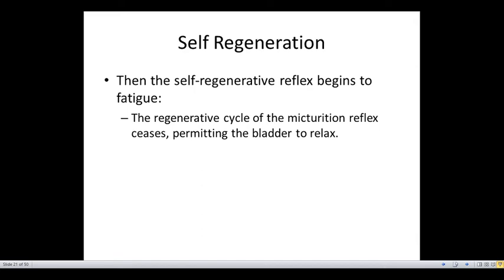After the bladder has reached a certain strong degree of contraction, the self-regenerative reflex begins to fatigue. The regenerative cycle of the micturition reflex ceases, permitting the bladder to relax, and the intravesical pressure drops back to the basal level.